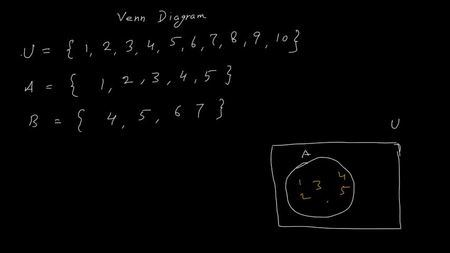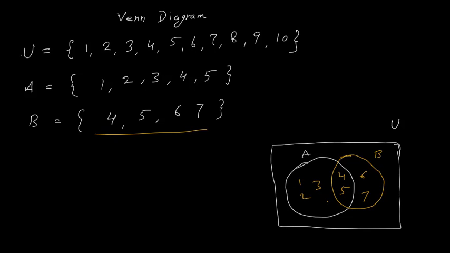Now there is one more set, set B, which contains 4, 5, 6, 7. So this 4, 5 is also present in B. So what I will do, I will take one set like this, in which 4, 5 and 6, 7 are there. So 1, 2, 3, 4, 5 are part of set A. 4, 5, 6, 7 are part of set B. They are also part of this universal set.